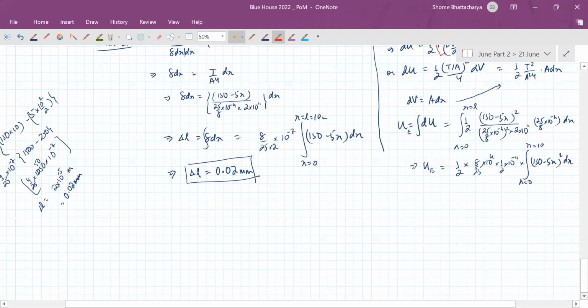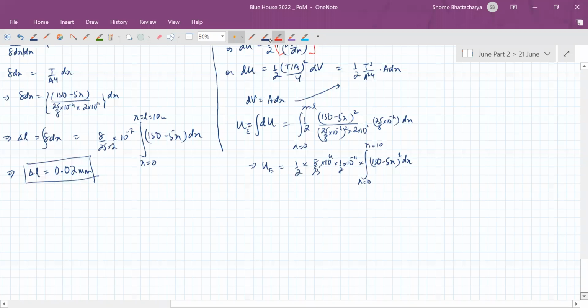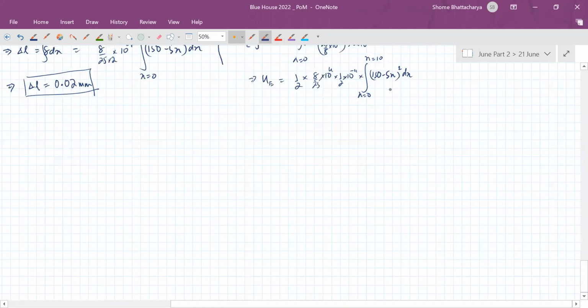Okay, so let's complete this integration next. As I was saying, what we can do in this integration here is we can take 150 minus 5x as a different variable. Since it's the tension, let's take it as t only. So minus 5 dx is equal to dt.